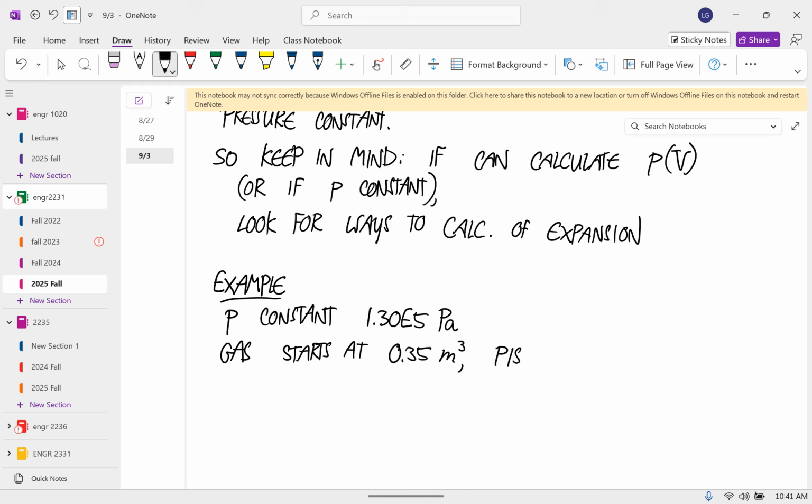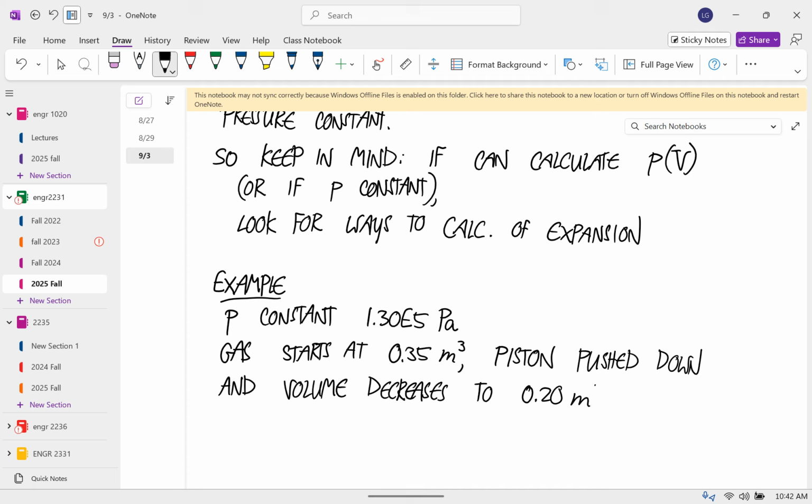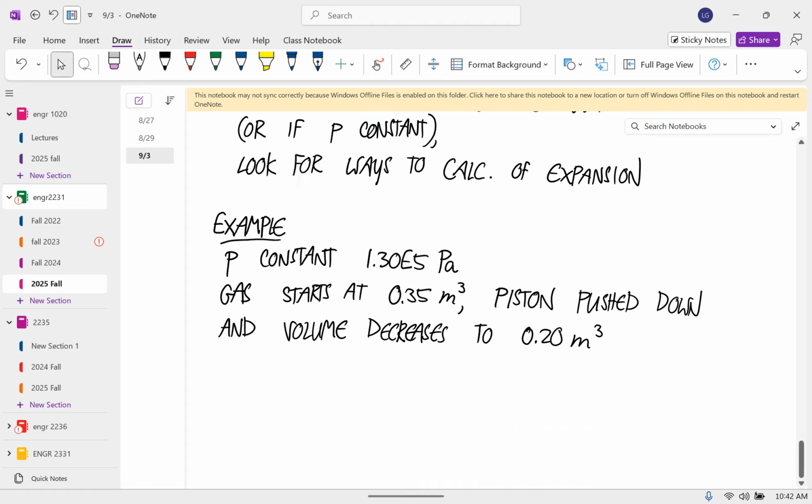This gas is in a cylinder, and then the piston is pushed down, and the volume decreases to 0.2 cubic meters. So first, what's the work of expansion?